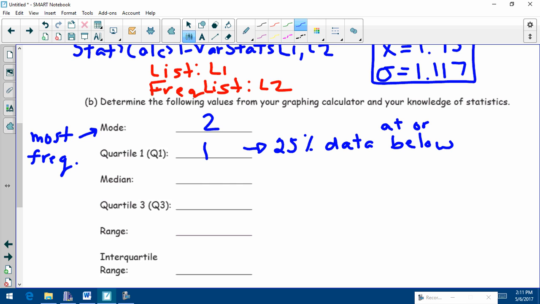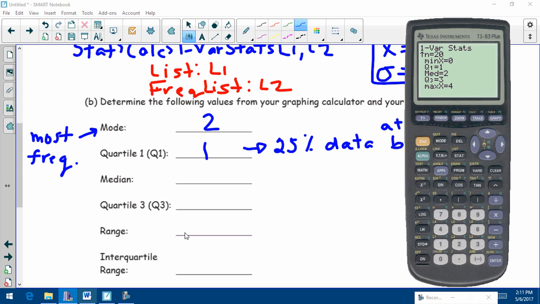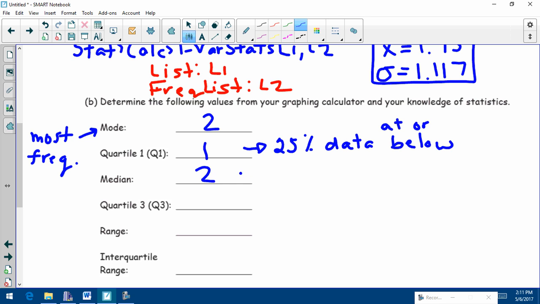So 25% of the people in this survey had 1 or fewer siblings. Median, hopefully you remember that means middle, and that is on the calculator. Median here is 2. That's also the second quartile, which means 50% of the data is at or below. So half the respondents have 2 or fewer siblings, half have 2 or more.